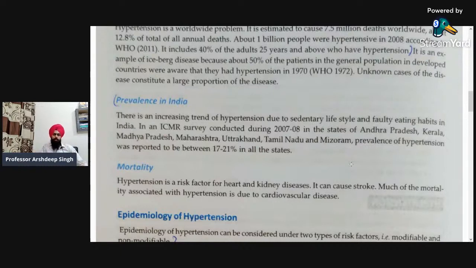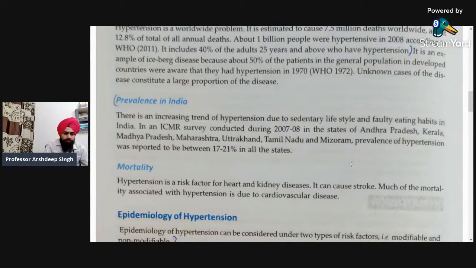In an ICMR survey conducted during 2007 to 8 in the states of Andhra Pradesh, Kerala, Madhya Pradesh, Maharashtra, Uttarakhand, Tamil Nadu, and Mizoram, prevalence of hypertension was reported to be between 17 to 21% in all the states. So, out of 100% of cases, 17 to 21% were due to hypertension.